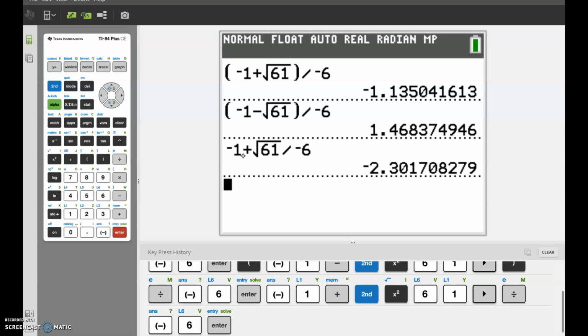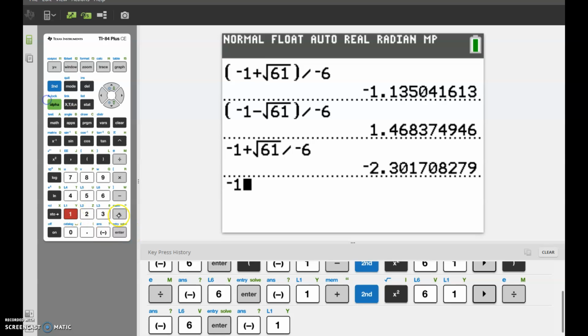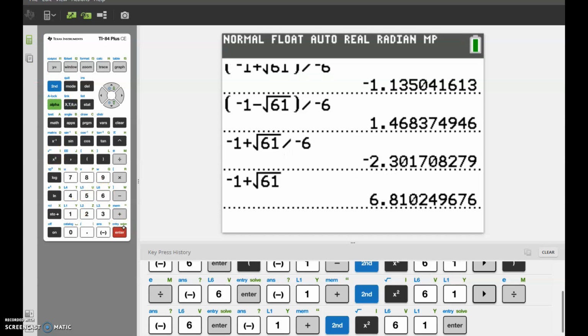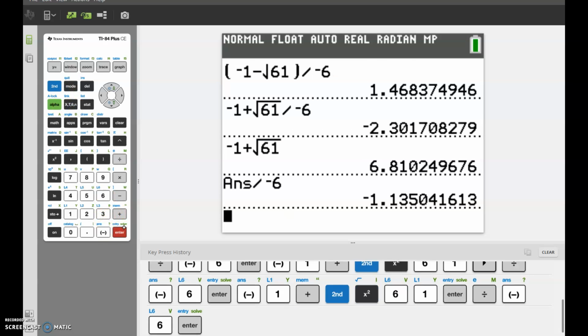The other way you could do it and get the right answer, I could do -1 plus the square root of 61, get my answer, and then I take that answer and divide it all by -6. And now you see that we get the same one that we got the very first time when we used parentheses. You have to practice with your calculator. You have to be perfect with these.